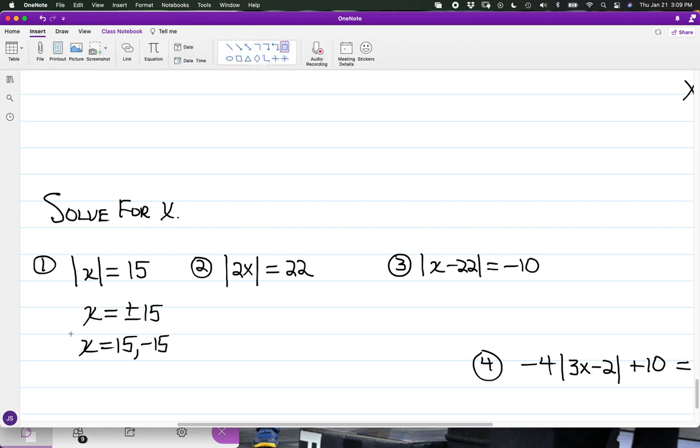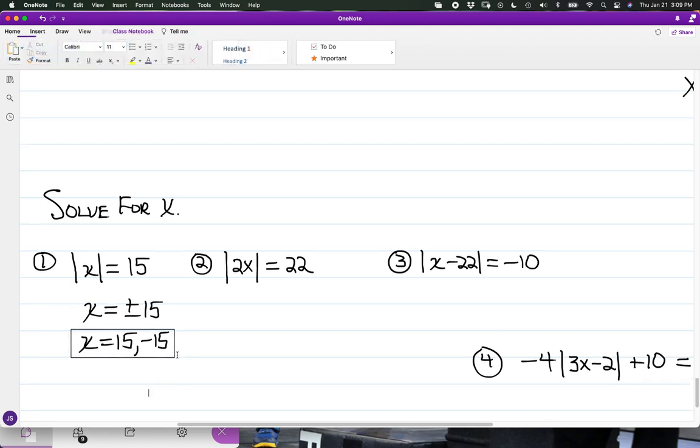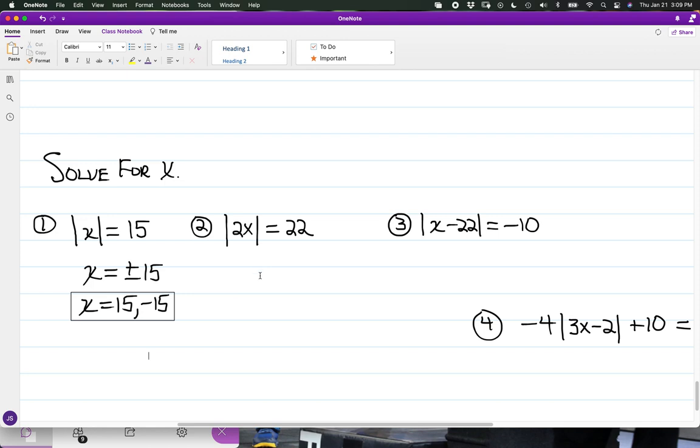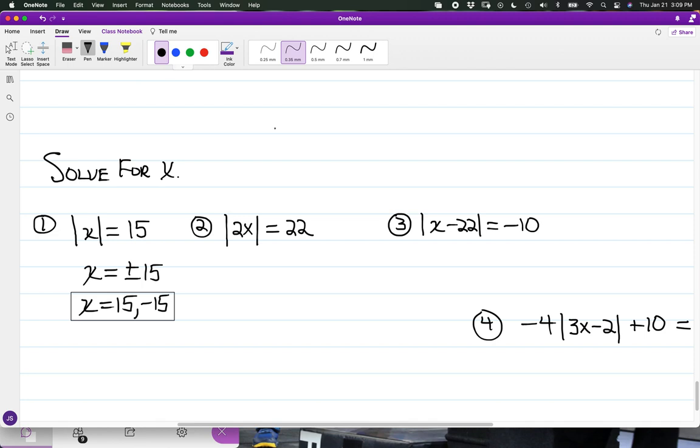For the second item, we have that the absolute value of 2x is equal to 22. So we take care of the absolute value bars, going from the absolute value of 2x to 2x. Again, 2x is going to be 22 units away from 0 on the number line, and values that are 22 units away from 0 are 22 as well as -22.